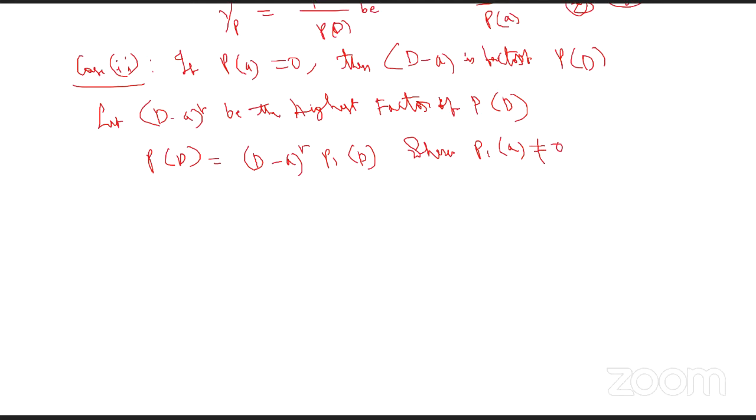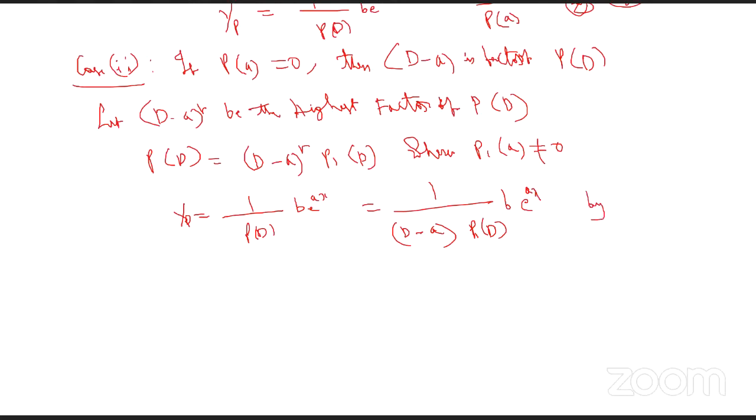So y_p equals 1 by P(D) of B e^(ax), which equals 1 divided by (D - a)^r P1(D) of B e^(ax), by equation number 1.